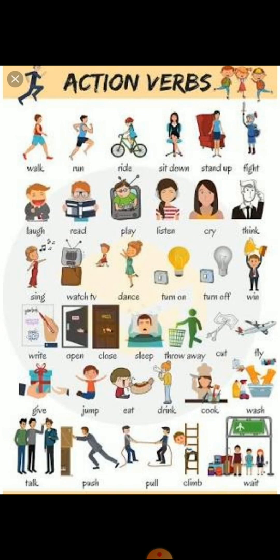But children, a verb not only tells us about actions we do, it also tells us about the state of being of a person or of a subject. Now if I say I am a teacher, what does this sentence tell about me? This sentence is describing the current situation or condition of my profession, right?